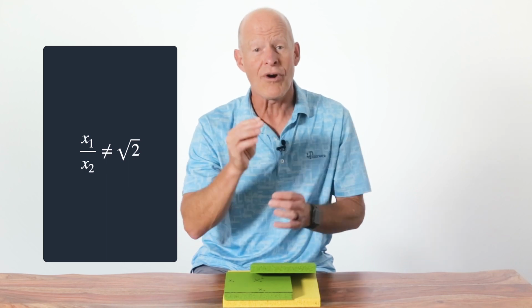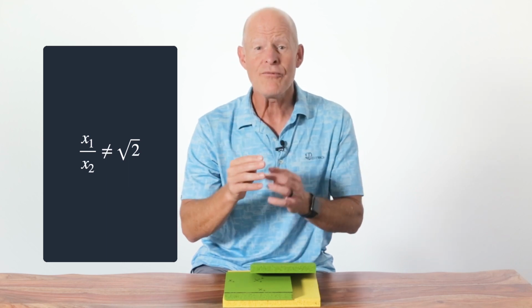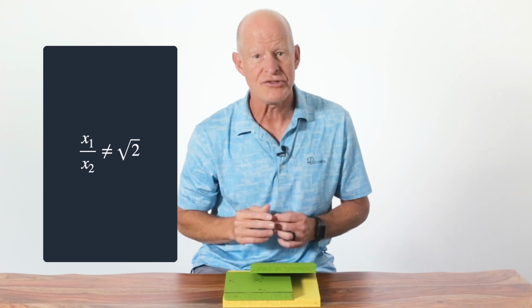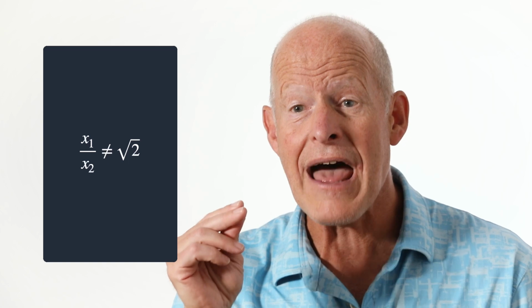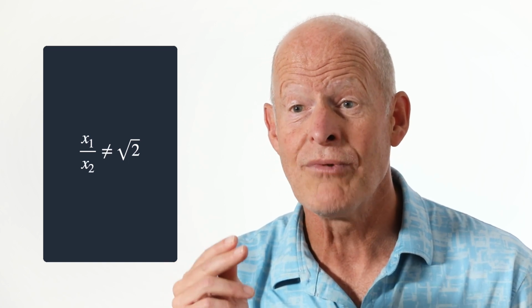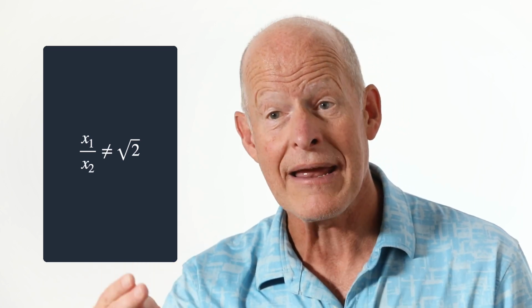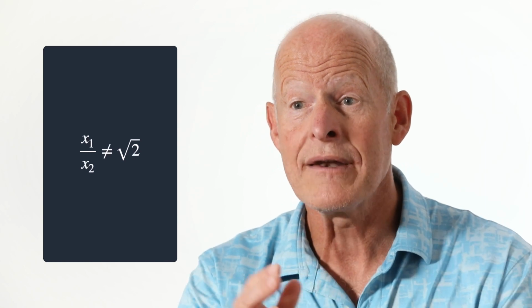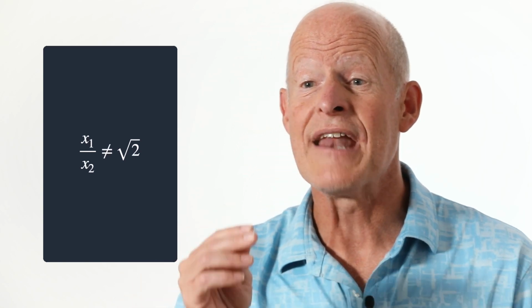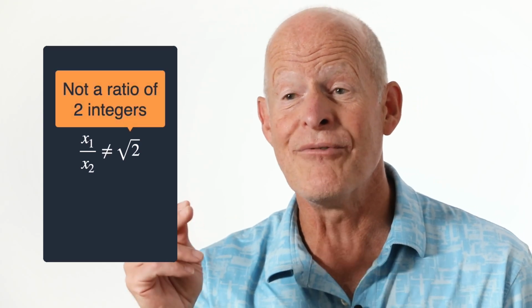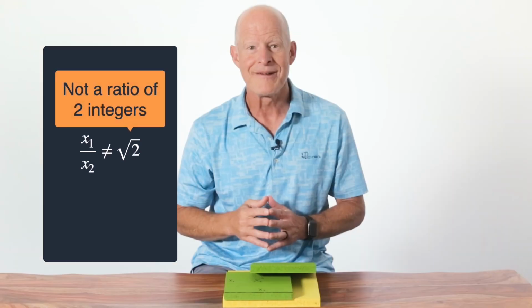Remember, the definition for a rational number is that we can write it as the ratio of two integers. Notice what we're saying here is that we cannot write root 2 as a ratio x1 divided by x2. Since x1 and x2 are both integers, this means we cannot write root 2 as a ratio of two integers.